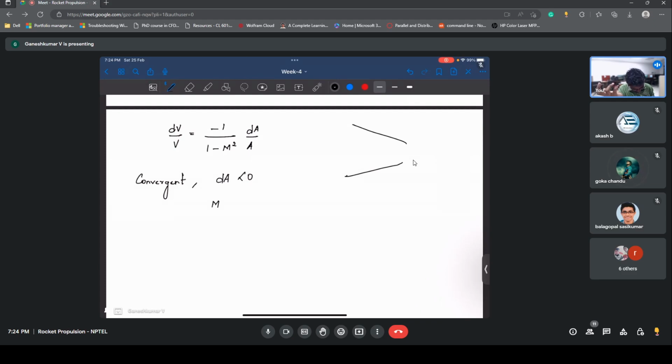Yes, sir. Clear. If Mach number is less than 1, what happens? Minus 1 by 1 minus M square. This 1 minus M square is going to remain positive because M is always less than 1. It can be 0.5, but 1 minus M square is going to be positive. So this whole term is going to be positive, greater than 0, and this term is going to be negative, less than 0.